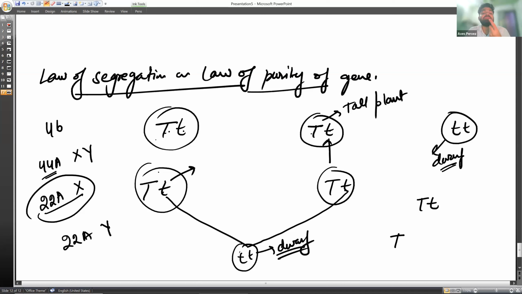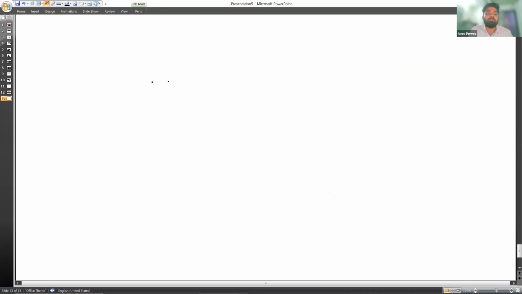Similarly, in the heterozygous condition with capital T and small t, the gamete will have either capital T or small t.